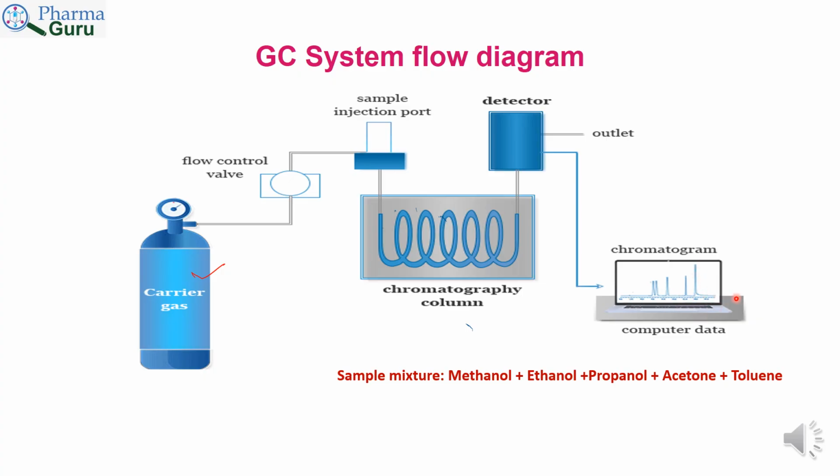In this way, we get the peak of each methanol, ethanol, propanol, acetone and toluene in the GC chromatogram. This is the basic separation mechanism of different components in the GC.